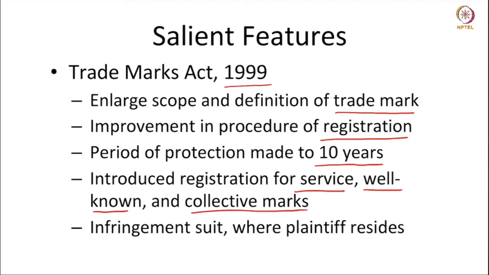This was not there in the 1958 Act, and this was again in compliance of the obligations under the World Trade Organization. And importantly, now an infringement suit can be filed where the plaintiff resides. So earlier it had to be where the infringement occurred or where the defendant resided or carried his business. Now it could be anywhere where the plaintiff resides.